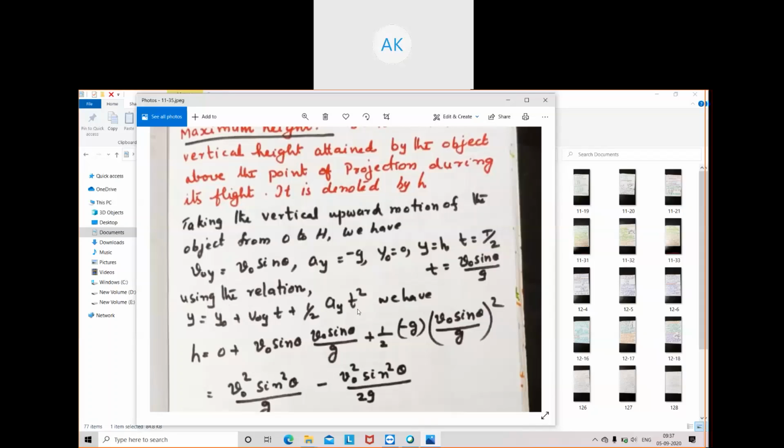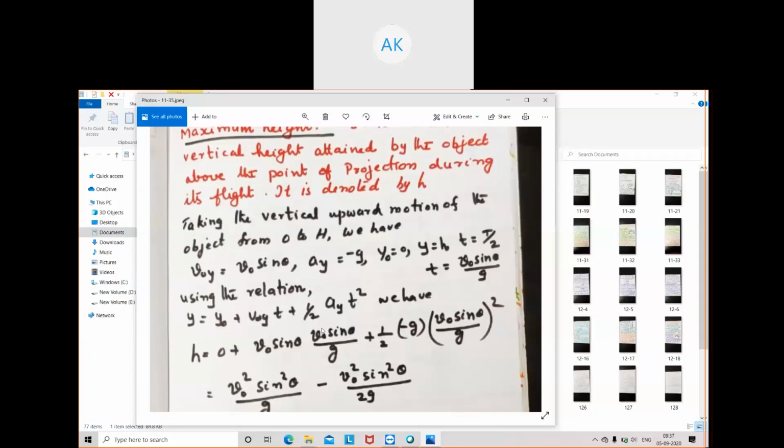So for maximum height, we take y equal to y0 plus v0y into t plus half ay into t square. What is y0? Origin, 0. What is v0y? The y component of the initial velocity, v0 sin theta, into t.